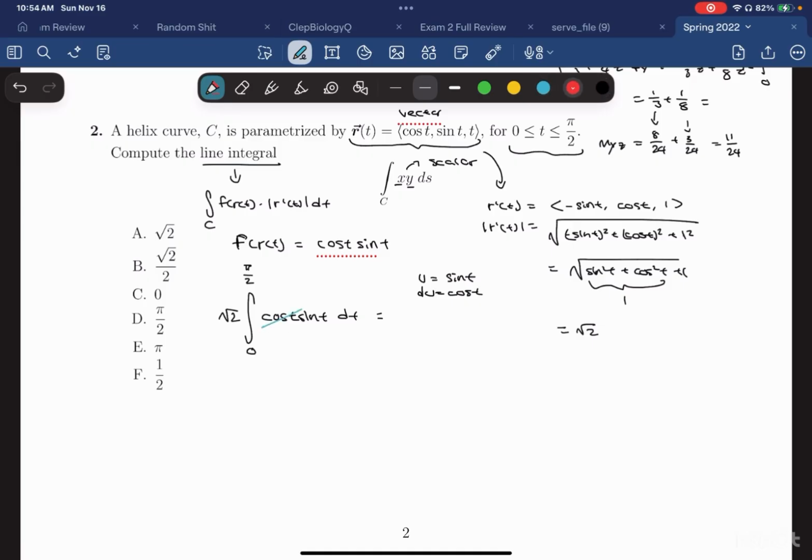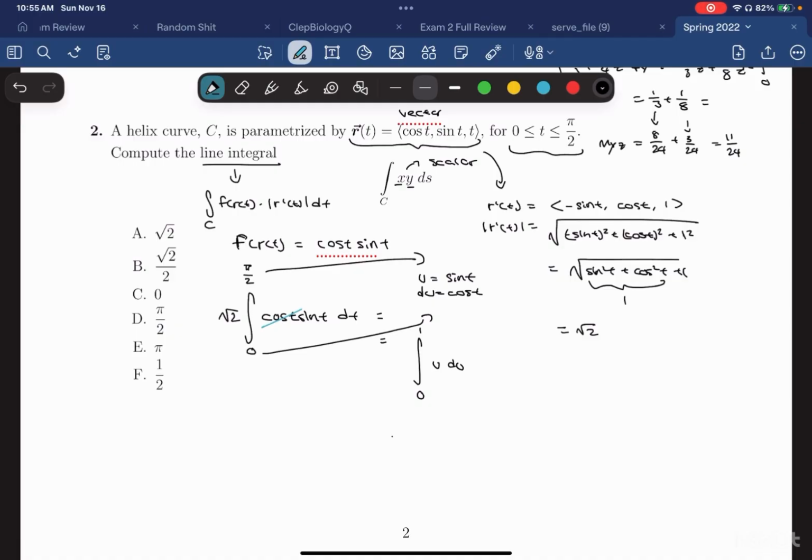So we get the integral of u du, and if we plug in 0 to our original u, you get 0 because sine of 0 is 0, and sine of pi over 2 is 1.